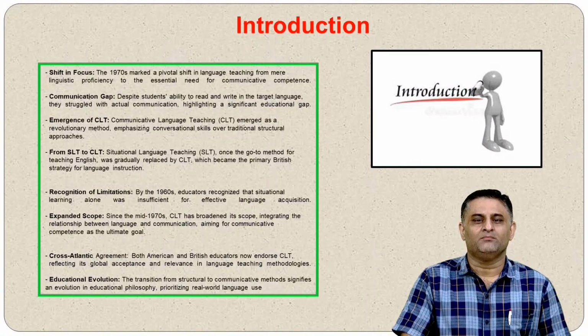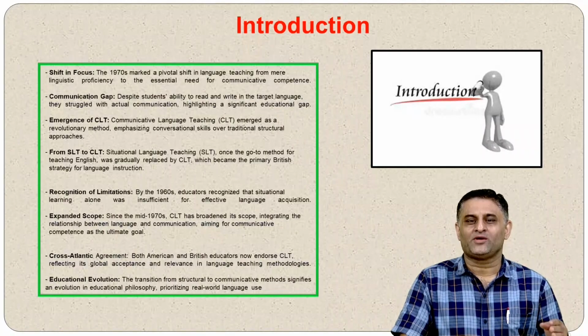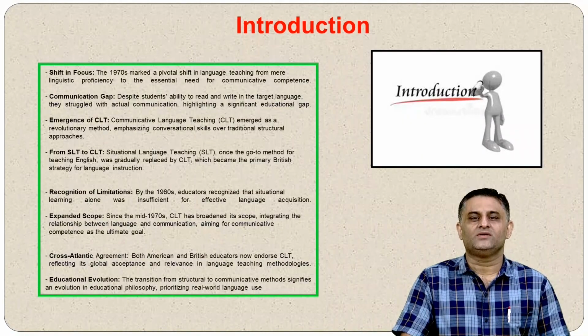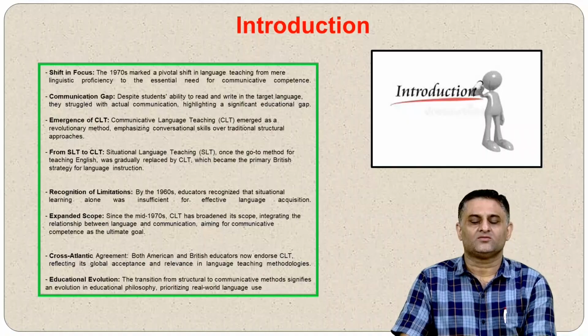This marked a major evolution in the education field, where the goal was no longer to know a language, but to communicate with it. And today, both American and British language teachers recognize CLT as a powerful, revolutionary, real-world oriented way to help learners truly use the language beyond the classroom.